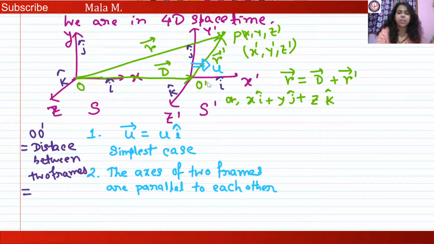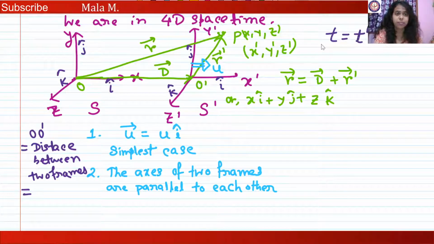Since the S prime frame is moving with velocity u, after some time t, and also here time is universal. Since time is universal, t is equal to t prime. After some time t, what will be OO prime?